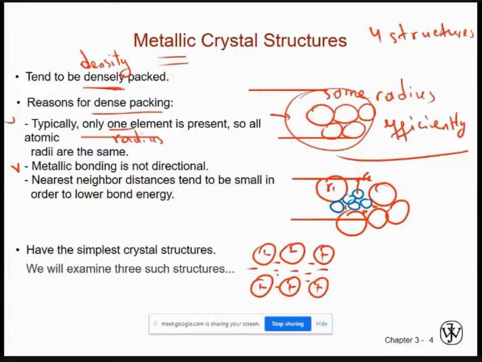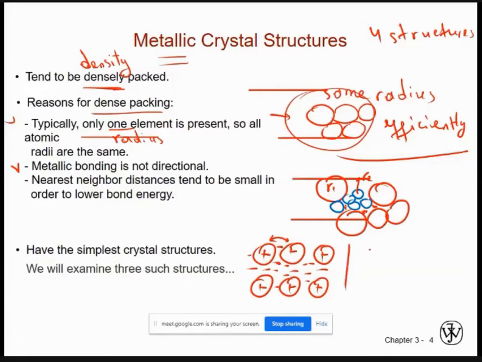These electrons act as a glue to hold the positive cores together, so they don't repel each other, because this negative charge acts as a glue. And metallic bonding is not directional, so the electrons and cores are free to assume a position they like.